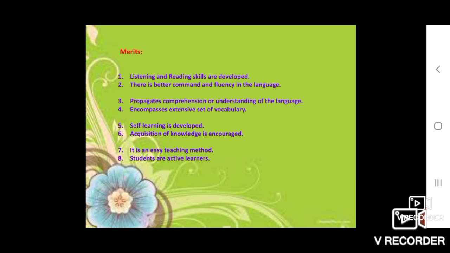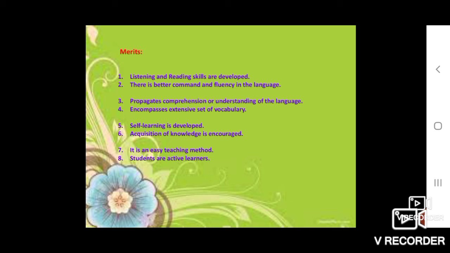When a student wants to enrich his vocabulary, there is no option other than reading. He has to keep reading all kinds of material which is provided by the school or which is available everywhere.